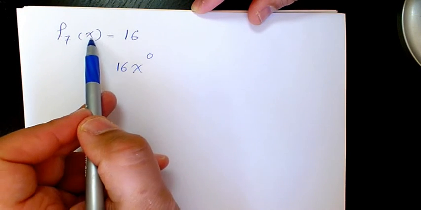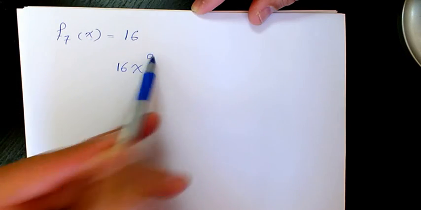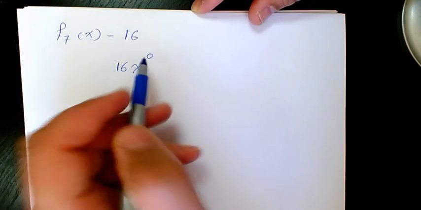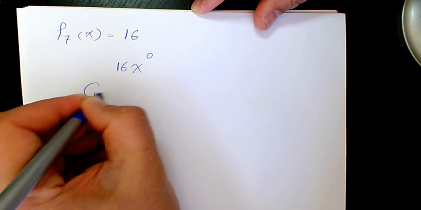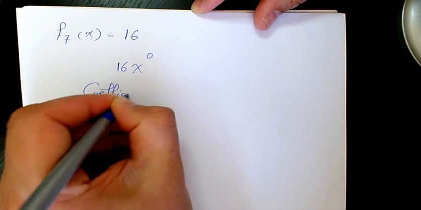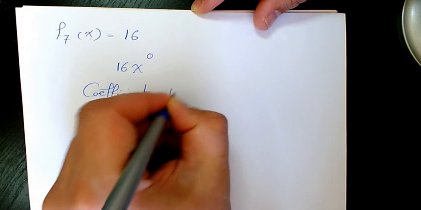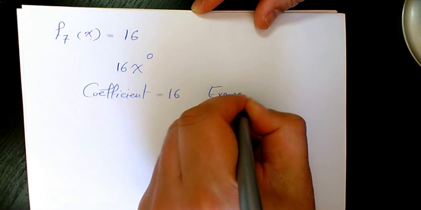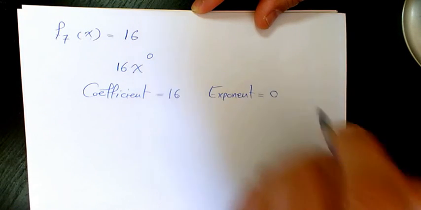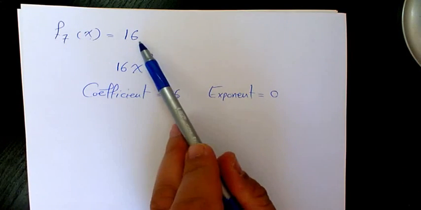If it was defined as y, it's going to be y to the power of 0, or z to the power of 0. So 16x to the power of 0, so coefficient is 16 and exponent is 0.